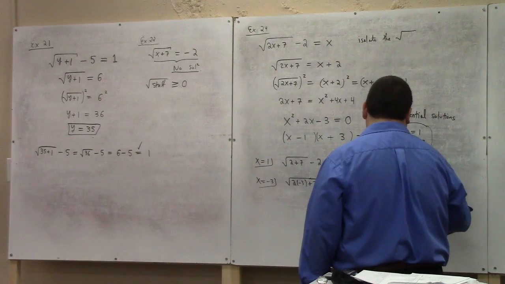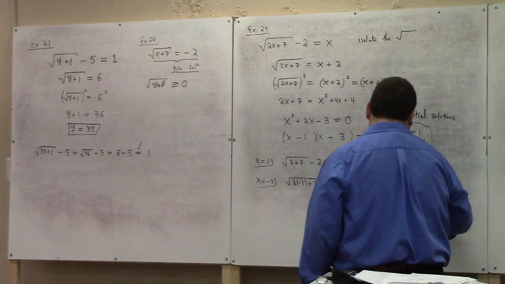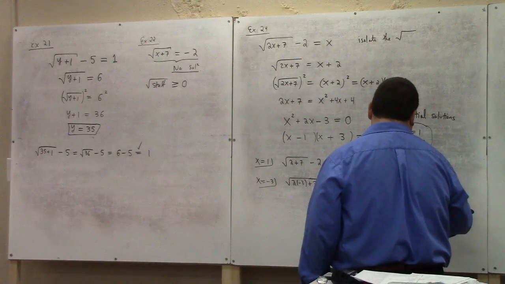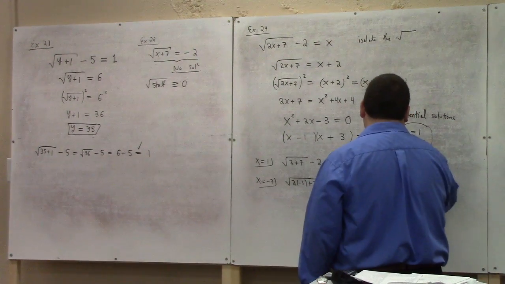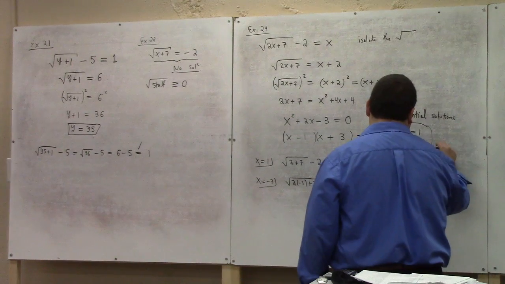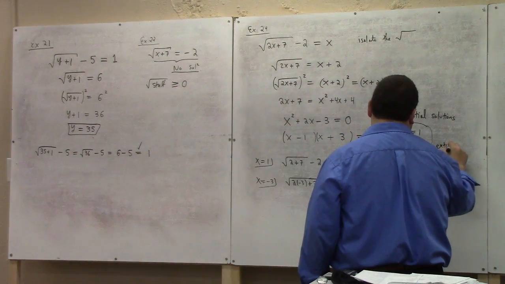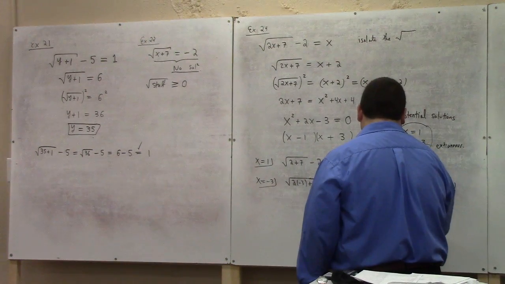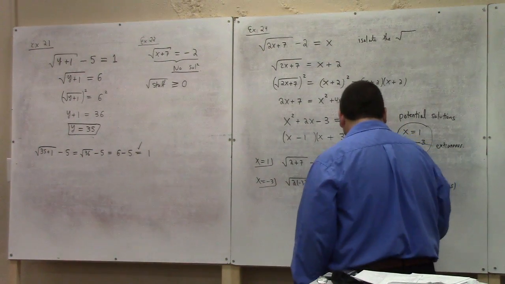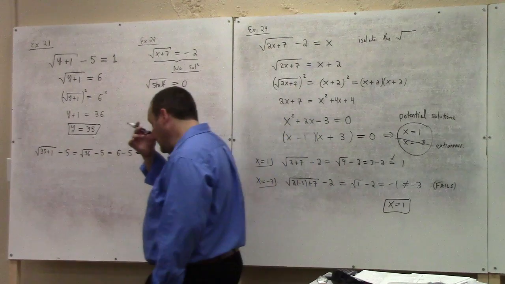Right? So, no. Doesn't work. Fails. So in other words, we cross out the minus 3. This one was extraneous. So x equals 1 is the solution in this problem.